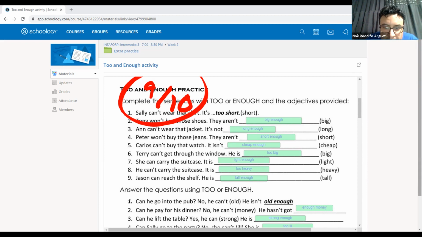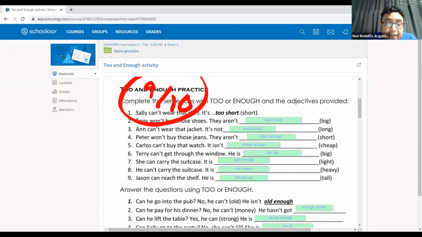It isn't cheap enough. Terry can't get through the window. He's too big. She can't carry the suitcase. It is too heavy.